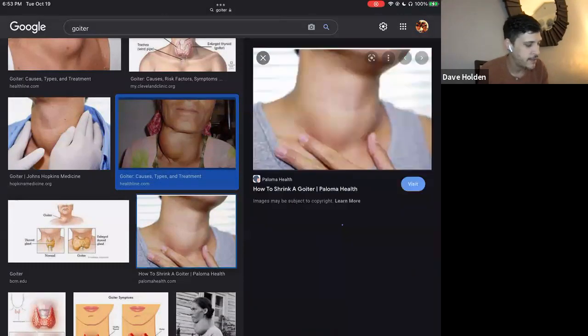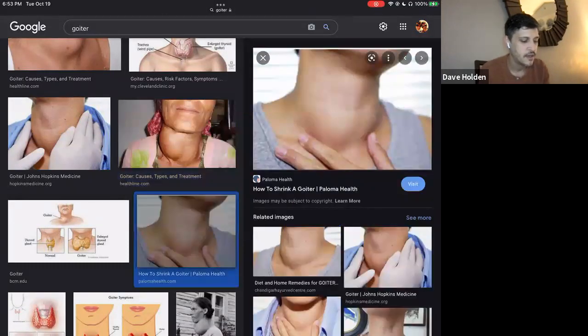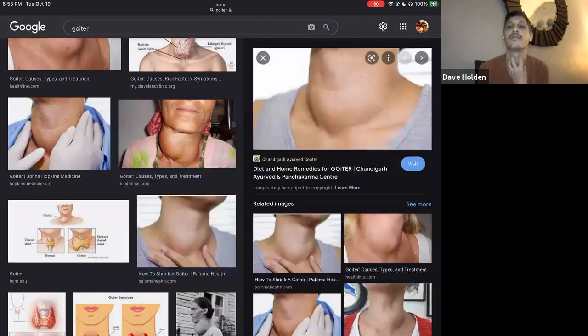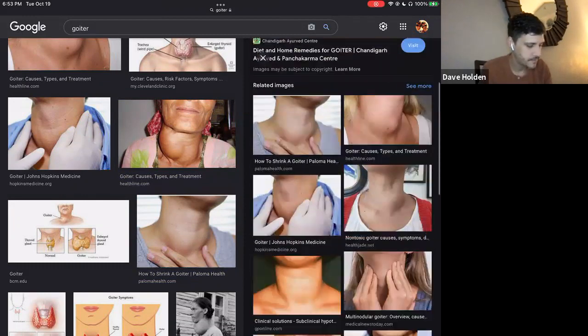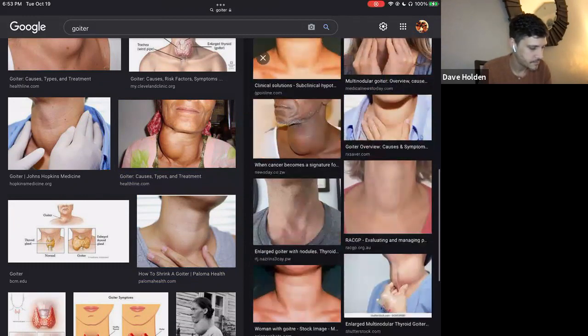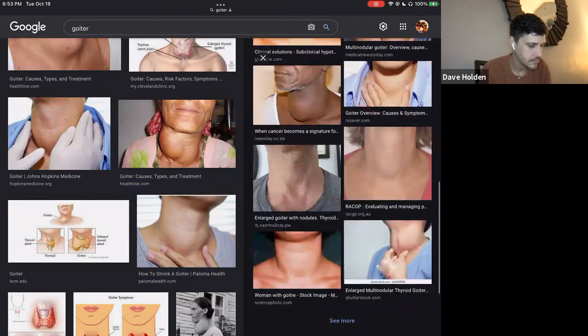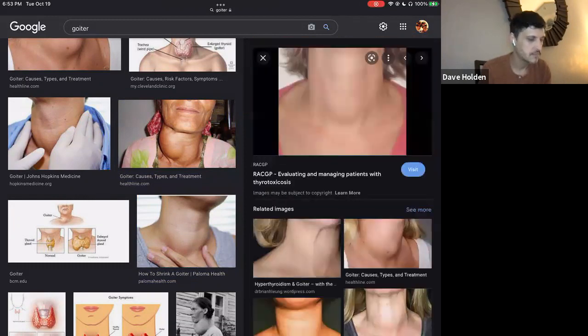Most of them do not look like that. Most of them look more like this. There it is, right there on the bottom. Not where her Adam's apple would be, but right here on the bottom. Do you see how it's distended outwards?